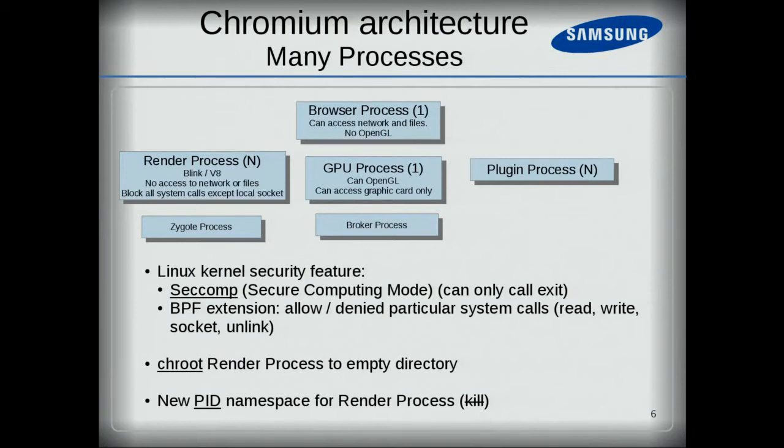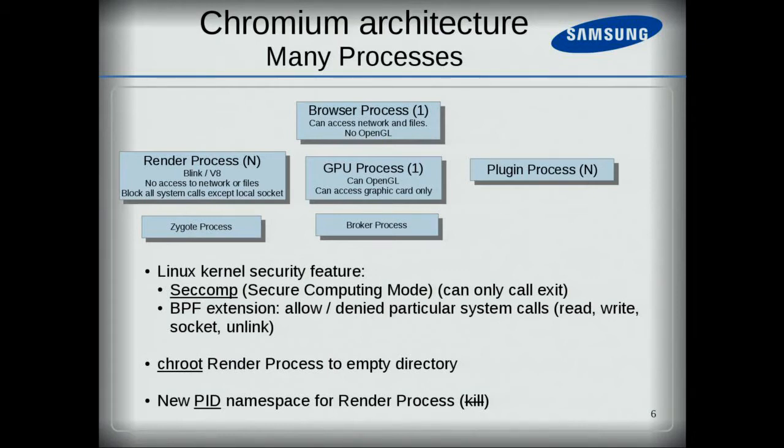Then you have an extension for this: before starting the process, you can go to a big switch, and for the 300 system calls, you say yes or no. You want to allow them or deny them, and this is set for the whole lifetime of the process. But if you allow open, you can also attach a handler.